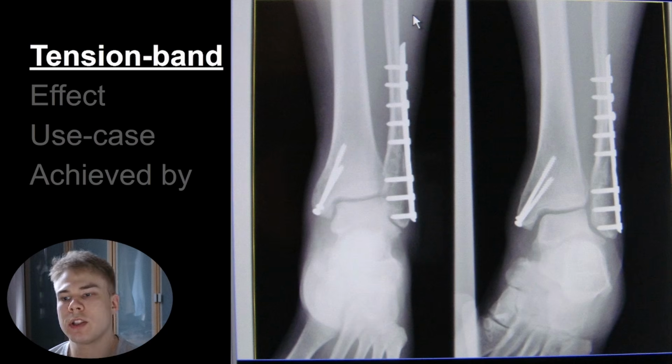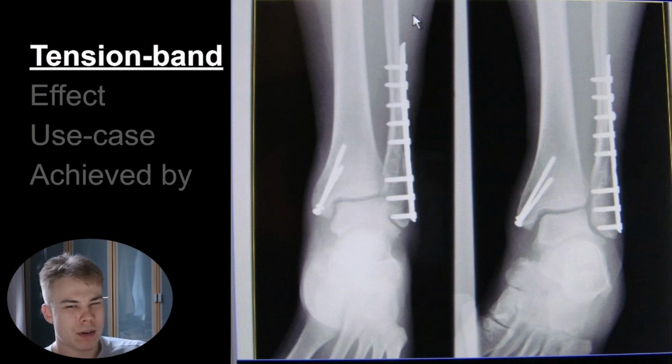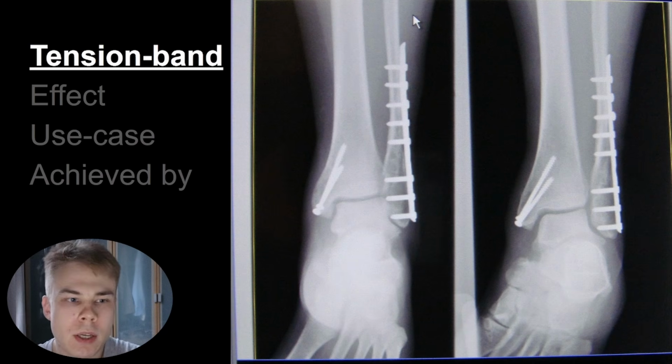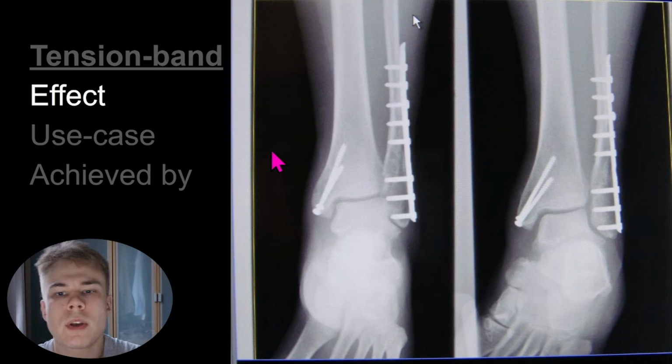Then we need to talk about the tension band plate. So I think this X-ray shows a plate in tension band mode, but I'm not 100% sure because it would depend on how it was applied, because it could also be a compression mode plate. But we're just going to go with a tension band plate here. So when you've got a long bone, there's usually a compression side and a tension side.